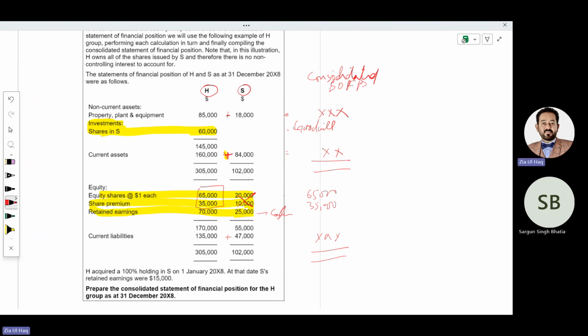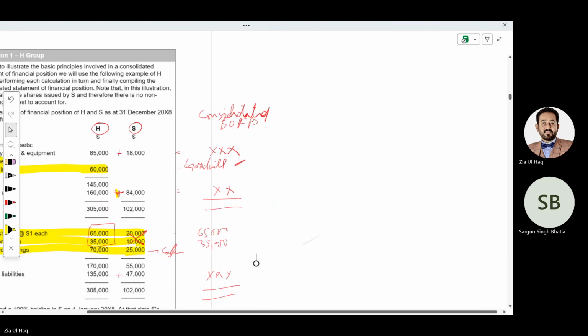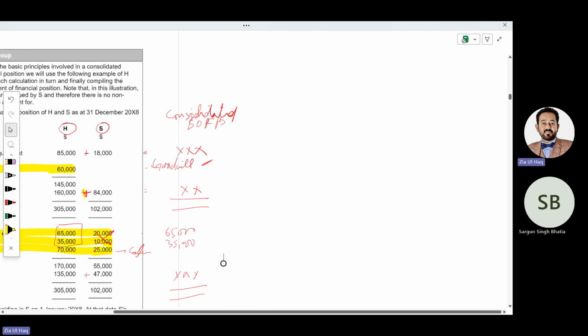So let's discuss how we can calculate goodwill. The calculation of goodwill is based on a formula.